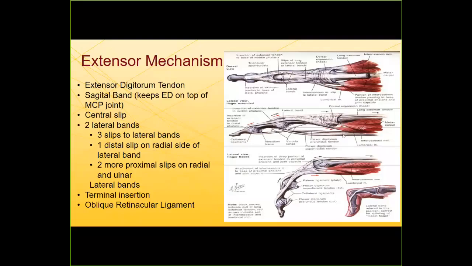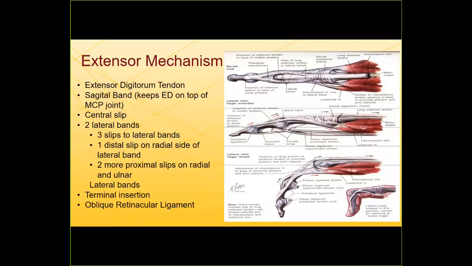The other thing that's important to understand is that here's the metacarpal joint right here. Here you see the lumbrical and the interossi muscles coming underneath the MP joint and inserting, like I said, on the lateral bands, but they also insert on the base of the proximal phalanx.